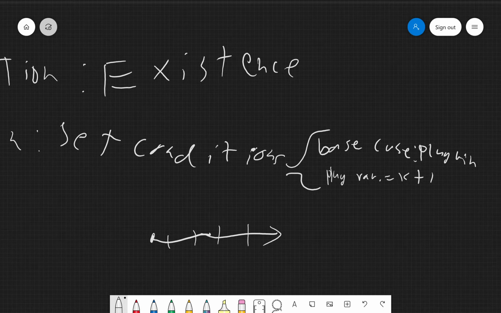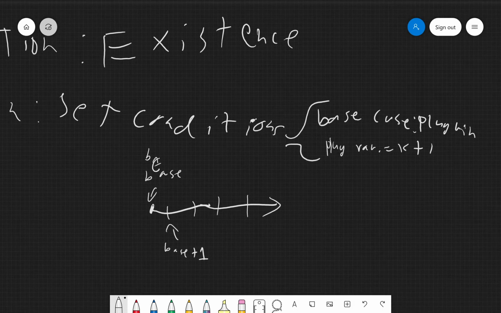So this is the base case, and then this is the base plus 1. Let's think of some notation. This is B1, or actually I'll call it B now because it's the base case. This is B1, or B plus 1.